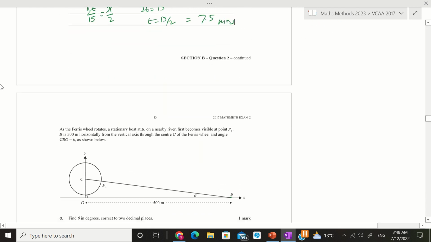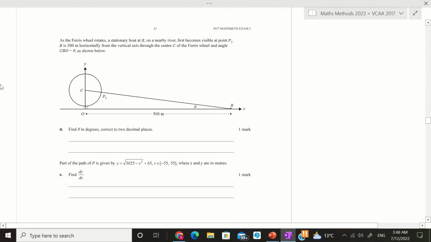Okay, let's move on to part D now. Part D, not too difficult either, but just requires a bit of thinking. Part D and part E will require a bit more thinking, but it'll be a bit more involved. Anyways, we should recall that the equation we actually have for h of t is given by 65 minus 55 cos pi t on 15, right?